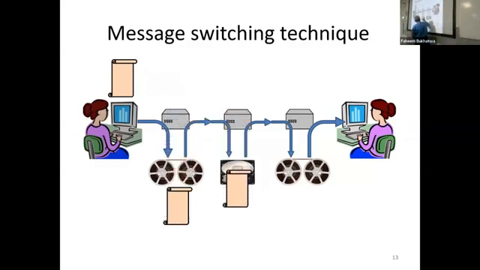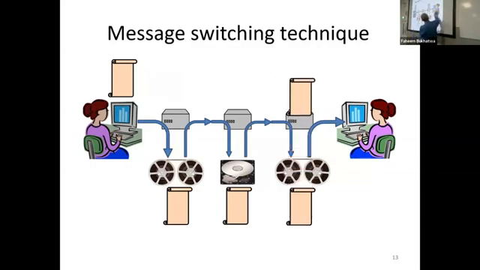And if there's an error, you ask it to retransmit. It might take half an hour to transmit and receive, sometimes more, an hour, 2 hours sometimes, but eventually it will get to the other end. This is called the message switching technique. It's very slow. Why is it very slow? Why is this technique very, very slow?